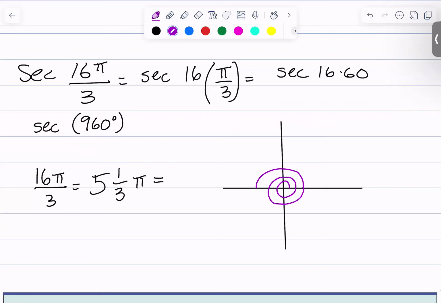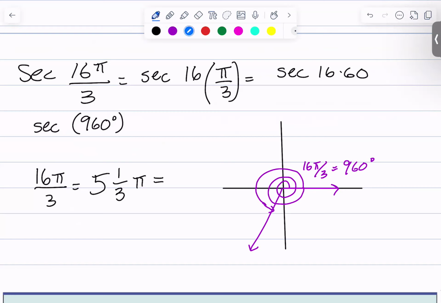And another third of a pi, which is 60 degrees. That's the angle there in standard position, right? So that is 16 pi over 3 or 960 degrees. Okay.